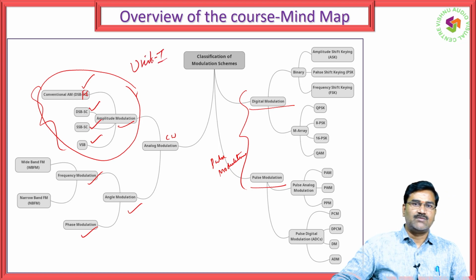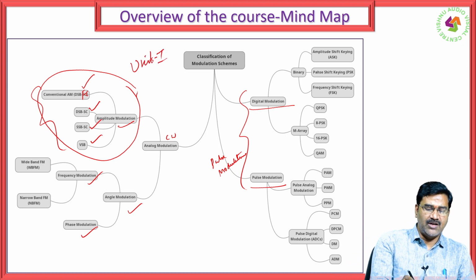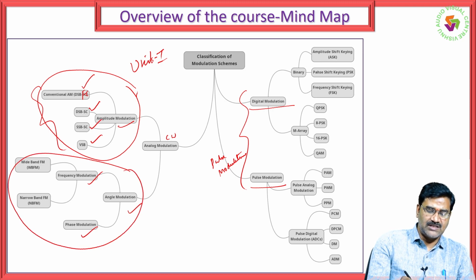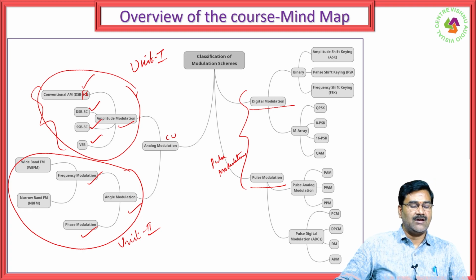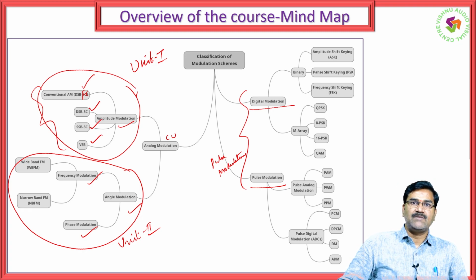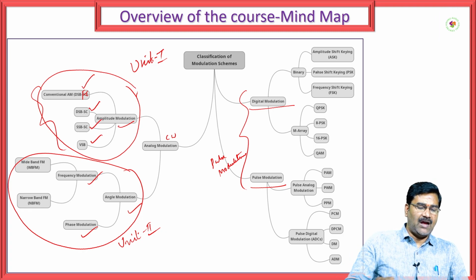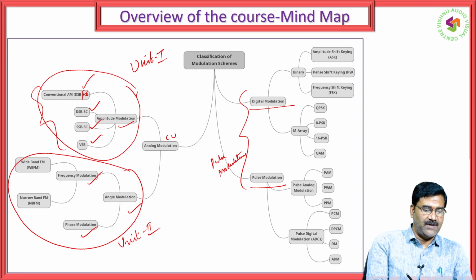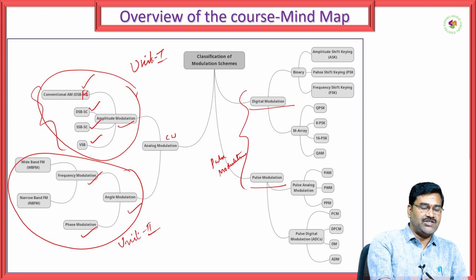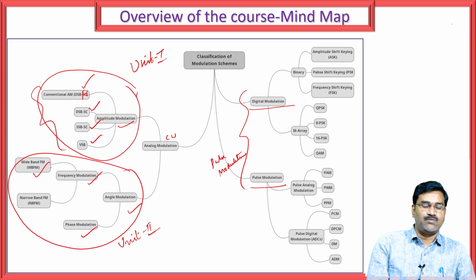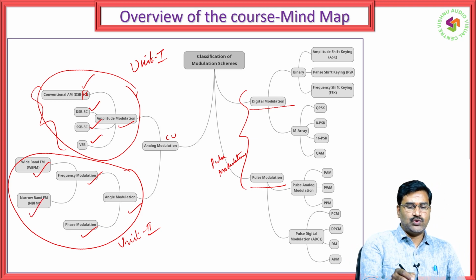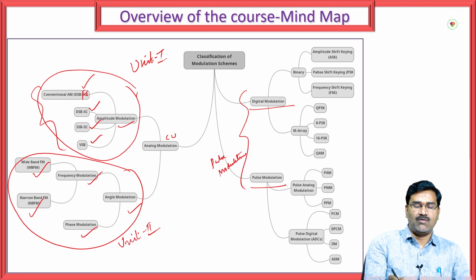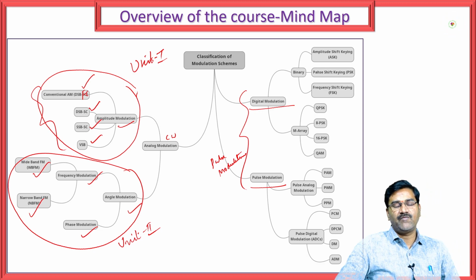Unit 2 will cover the angle modulation schemes, frequency modulation as well as phase modulation. In frequency modulation, again we have wideband frequency modulation and narrowband frequency modulation, and these analog modulations come under continuous wave modulation.